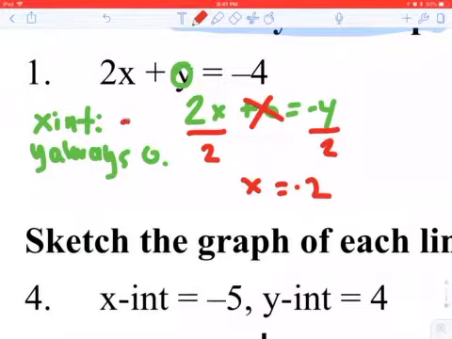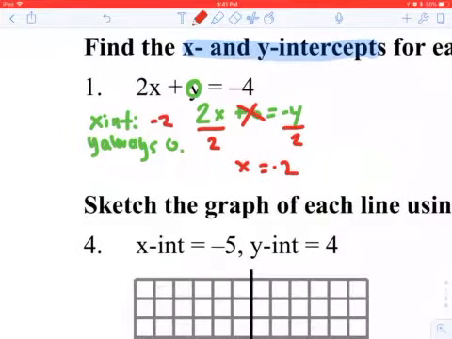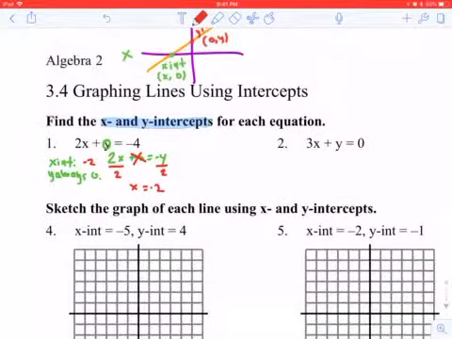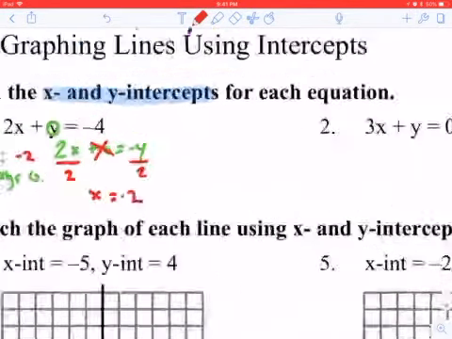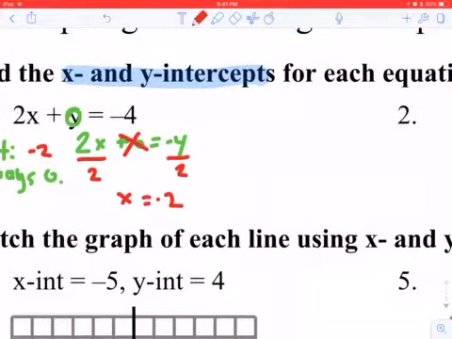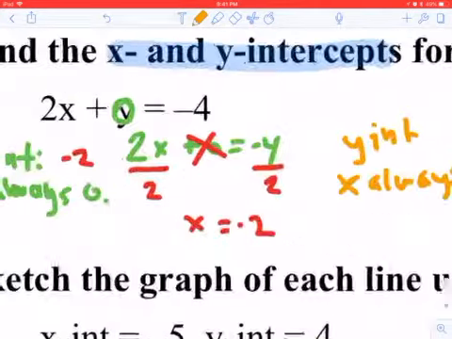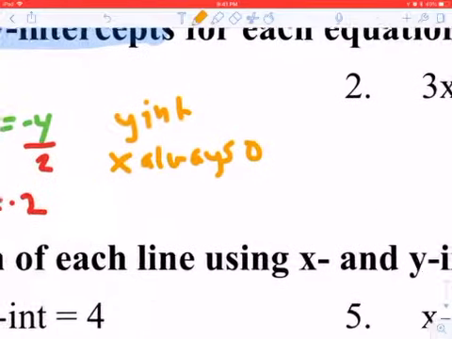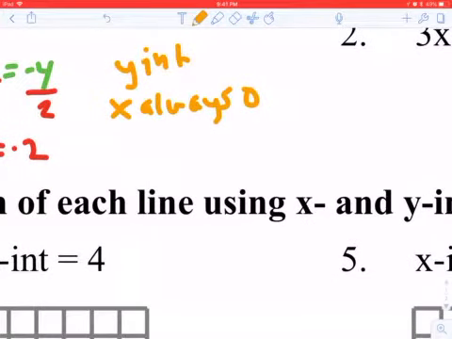That's your x-intercept, -2. To find your y-intercept, it's exactly the opposite. For the y-intercept, the x is always 0. So what that means is for 2x plus y equals -4, the x is 0.